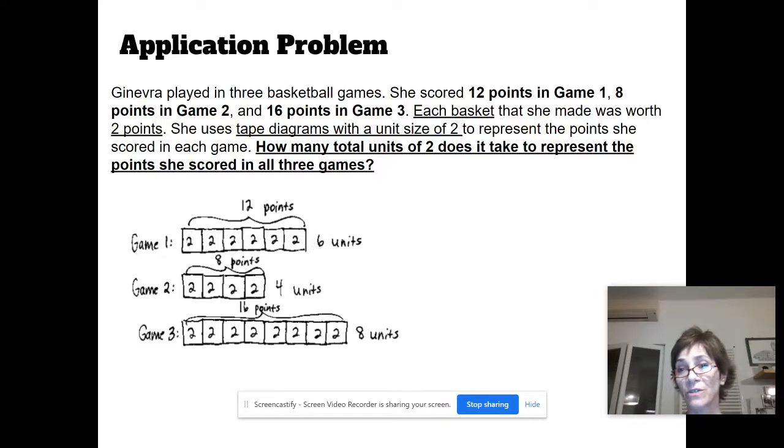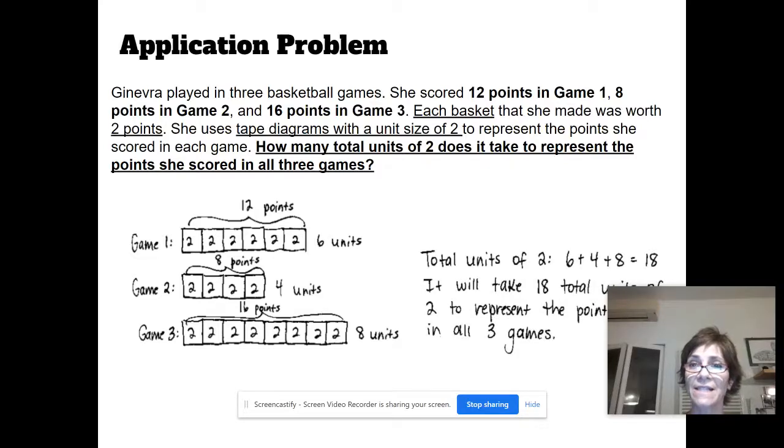You can pause the video and figure it out. Yes, so there are 6 units for the first game, 4 for the second, 8 for the third. 6 plus 4 is 10, plus 8 is 18. So we have a total of 18 units of 2 that represent the points that she scored in all 3 games.